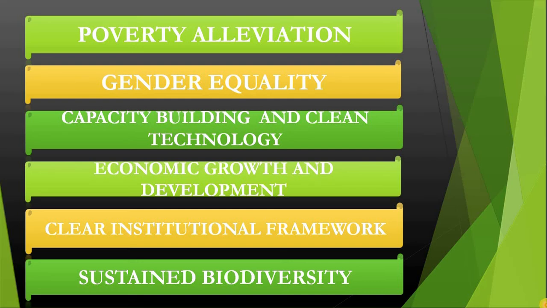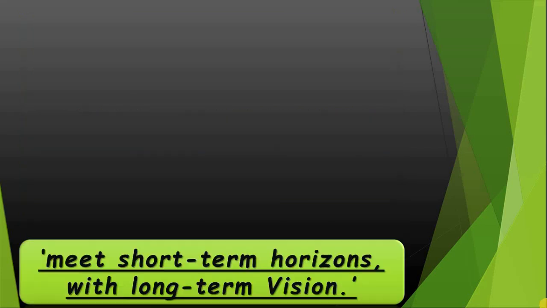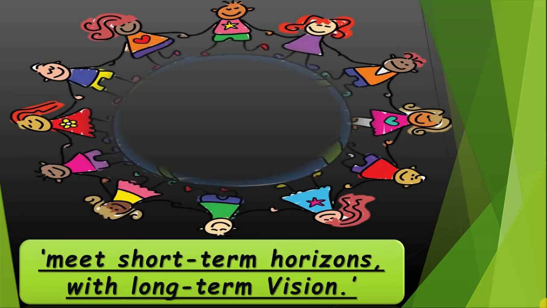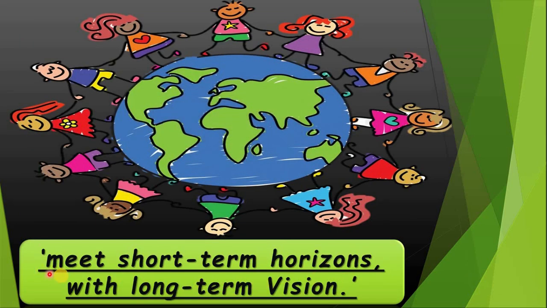This in turn helps a nation to develop and meet short-term horizons with long-term vision. And this is a very important quotation. You remember, sustainable development always meets short-term horizons with a long-term vision.